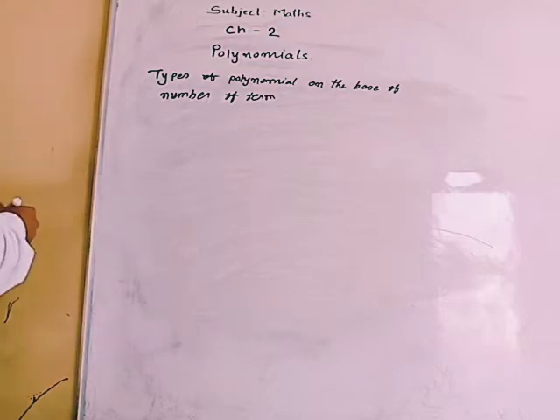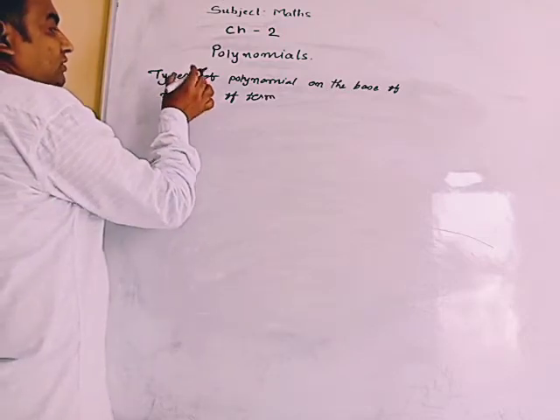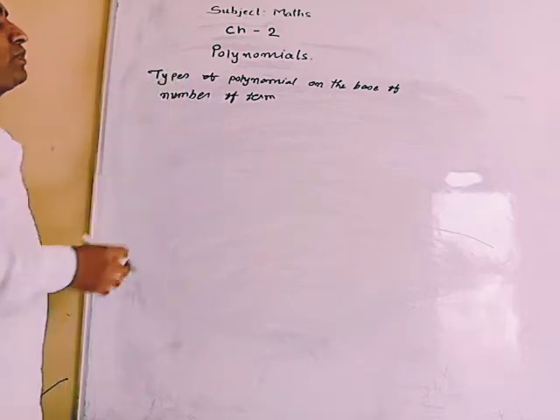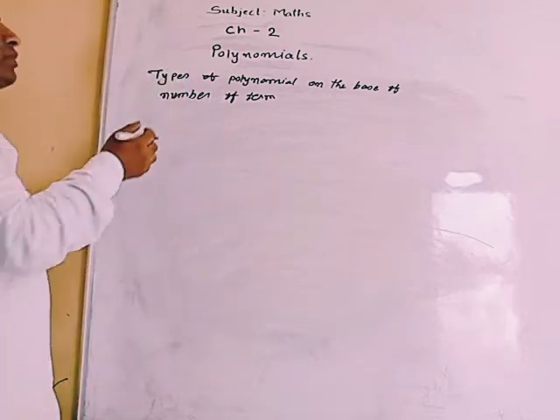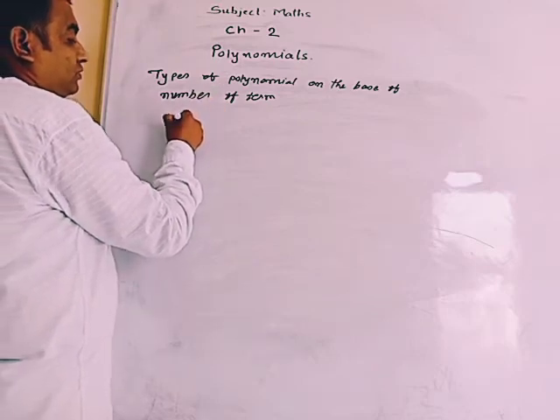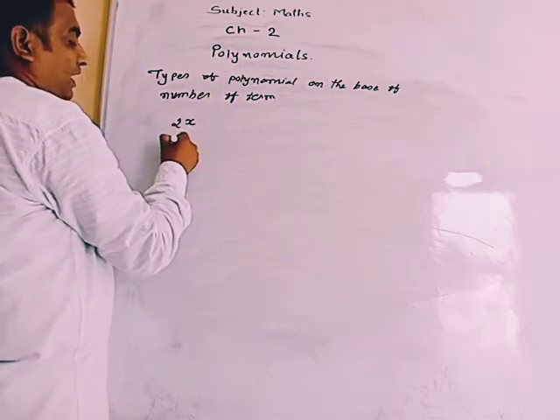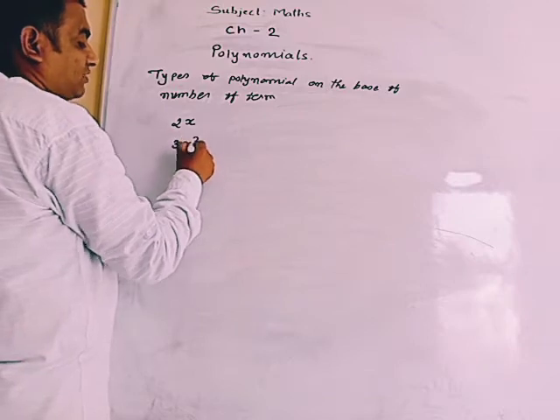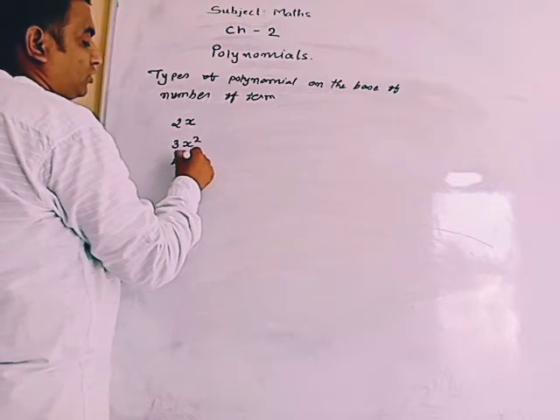So let's write some examples of polynomials to study the types of polynomials on the basis of the number of terms. 2x, 3x square, 4x cube.